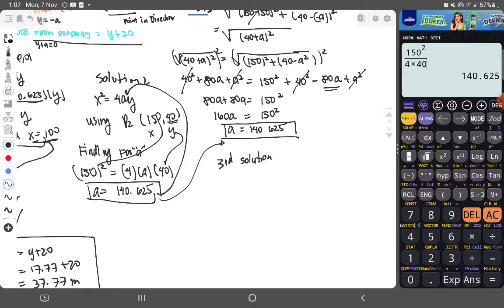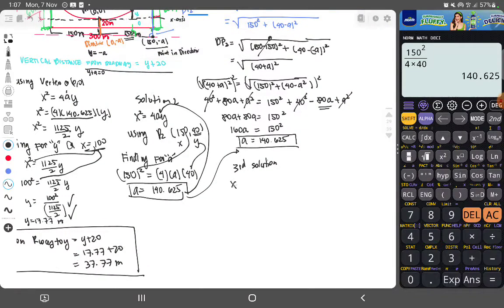If you would not want to use the plus 20, we'll use the equation of x minus h square, which is equal to 4a multiplied by y minus k.